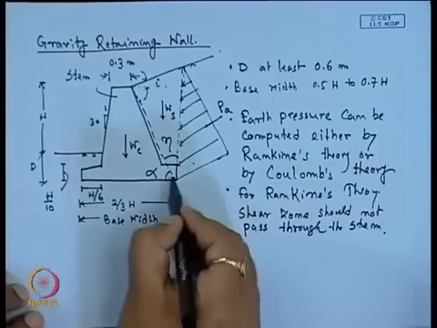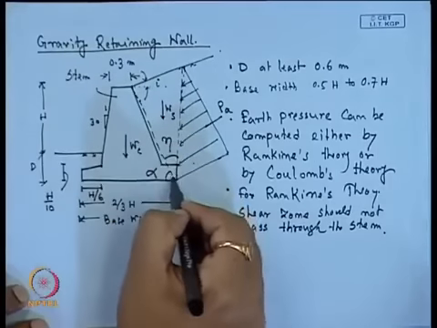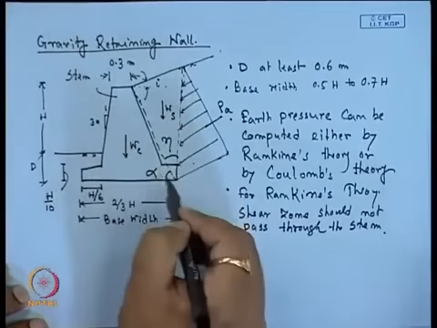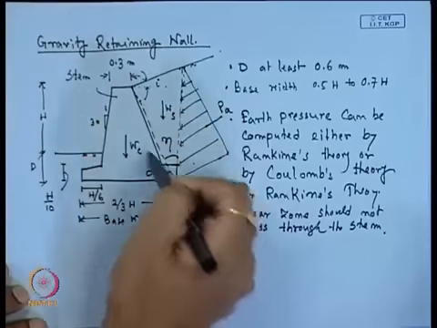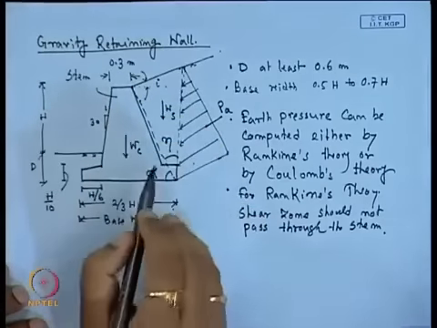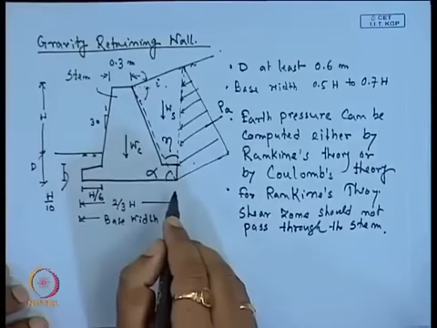That means this line is the extreme line of this condition. If this line is passing through this stem, then that is not acceptable if I consider the Rankine theory.